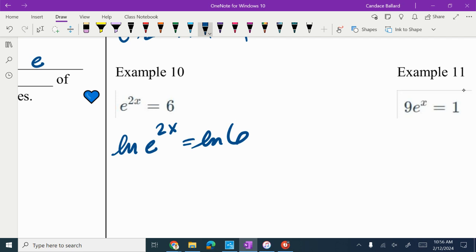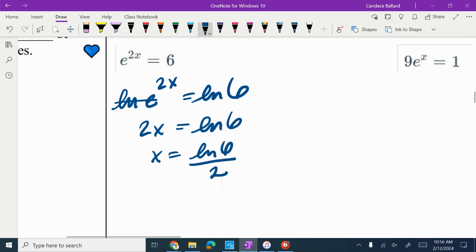What happens with the natural log and the E? They cancel. So we've got 2x equals the natural log of 6. And then I've got to get the x by itself. This is a number. How do I get this number to the other side? Divide it. So the natural log of 6 divided by 2.